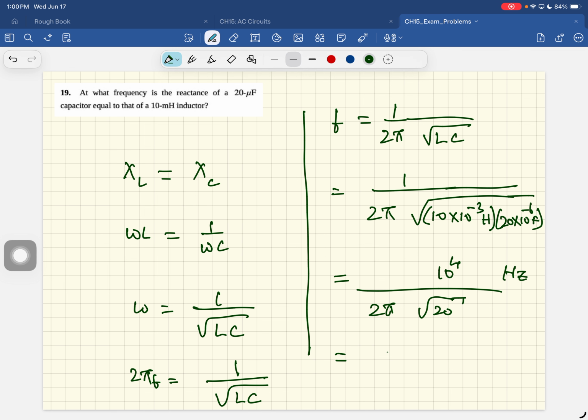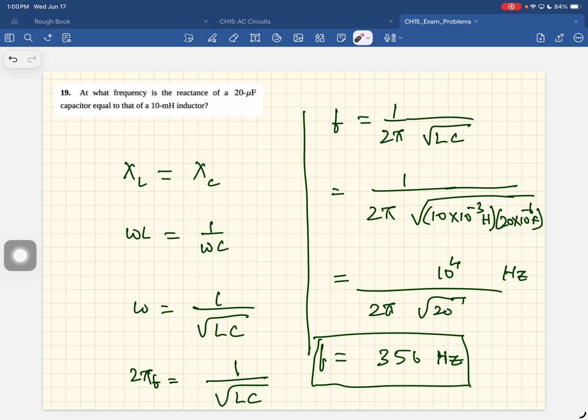So now we have all those values, so we can calculate Z. Z is the square root of R squared plus (XL minus XC) squared. That's 628.